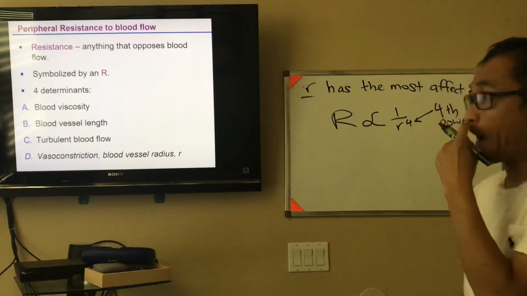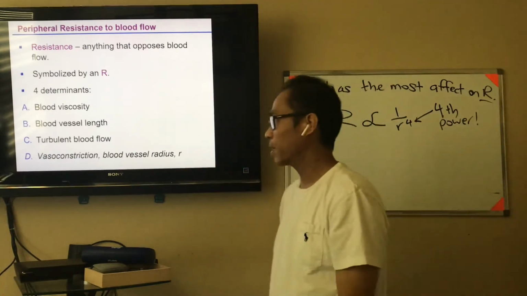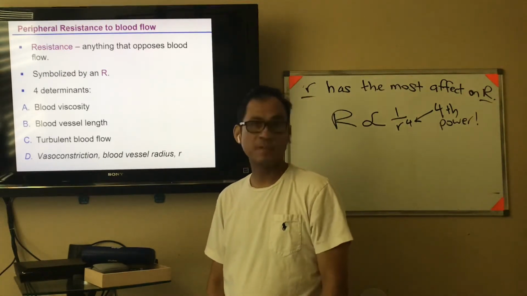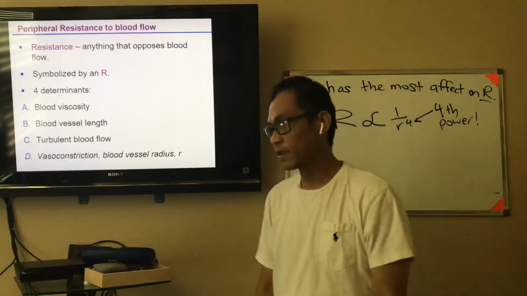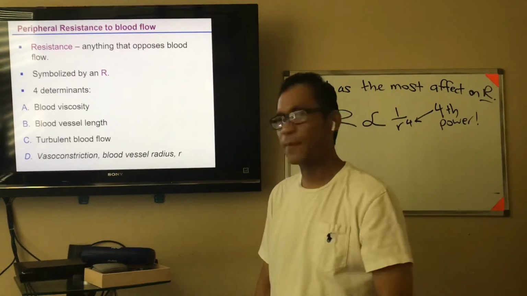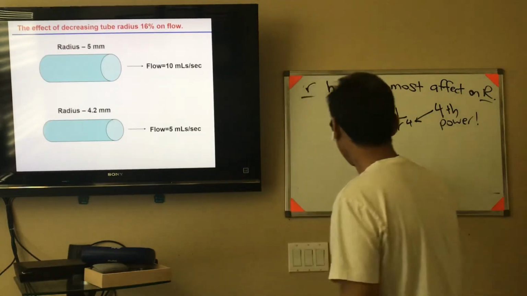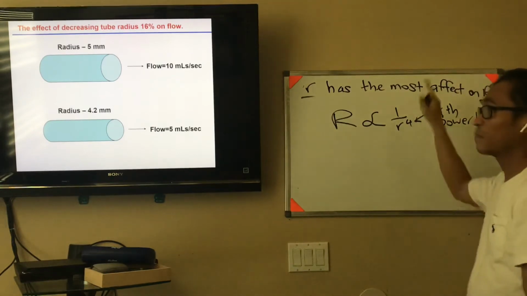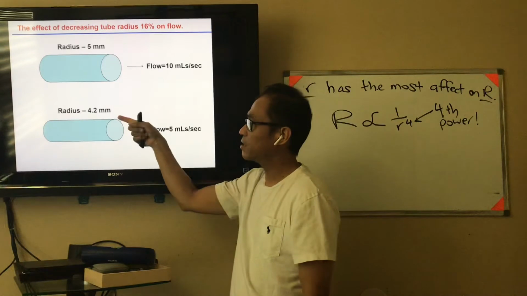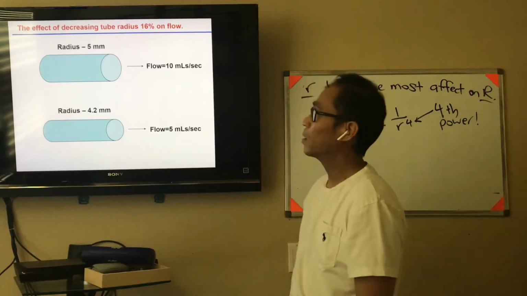Okay, and I talk about this one the most because it's the one that nervous inputs and other things can affect. And so this is the physiology that your body can modulate. So we talk about it a lot in the physiology class. Just to give you a simple example of the effect of little r, big R. Say, for example, you've got two equal blood vessels, but the radius is different, 5 versus 4.2.